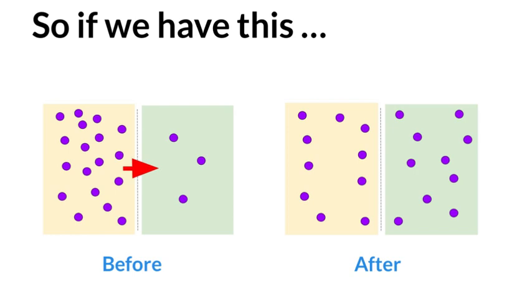So it'll stop. It won't need to do any more because we've got equal amounts on there. Now this little thing here that I'll put in the middle between the yellow and the green is, in cell terms, the cell membrane. Now, more about that in a minute, where we learn about a special type of diffusion. But that's how we're going to start, and that's where we're going to leave it now.